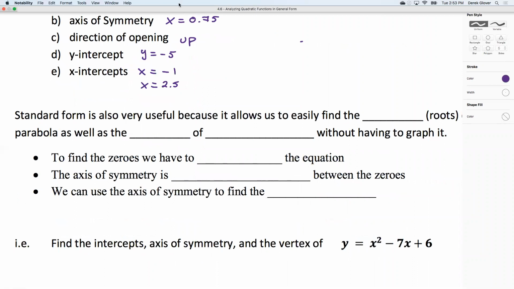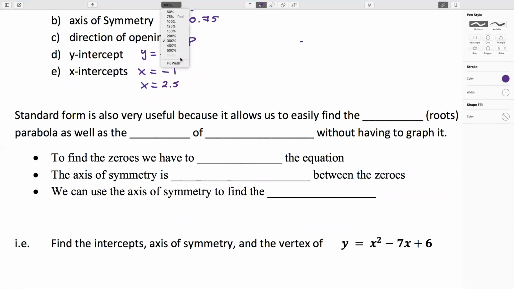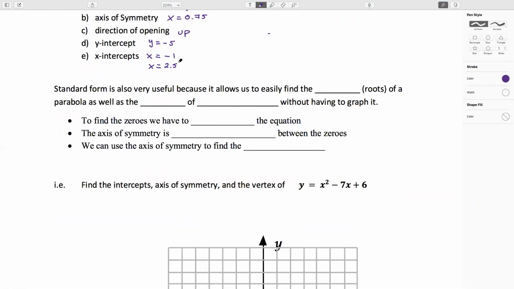All right. So standard form is very useful because it allows us to easily find the zeros of our function, as well as the axis of symmetry. Now please be cautious. When I say zeros, I mean the same thing as roots, the same thing as x-intercepts.